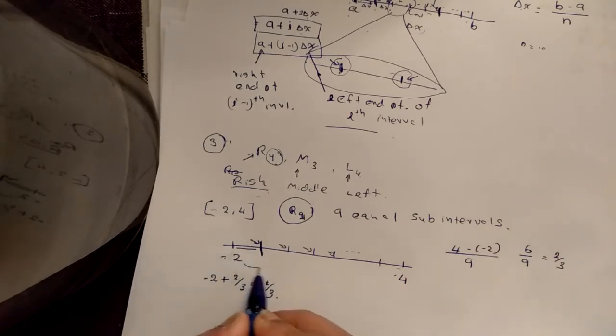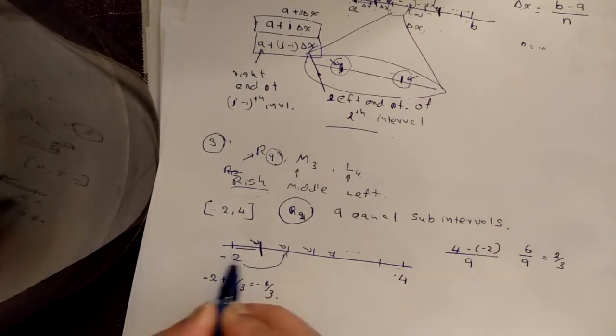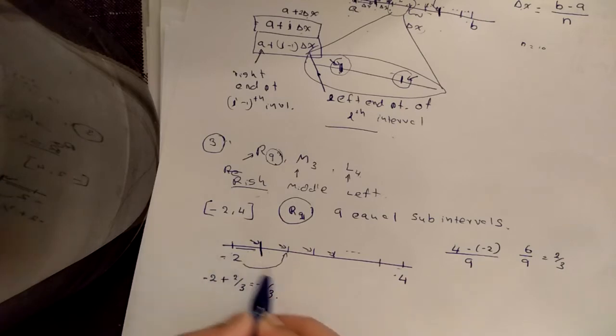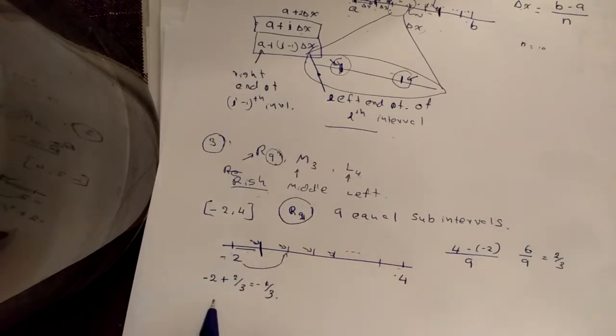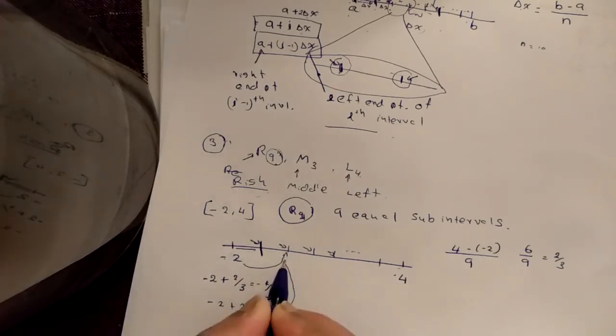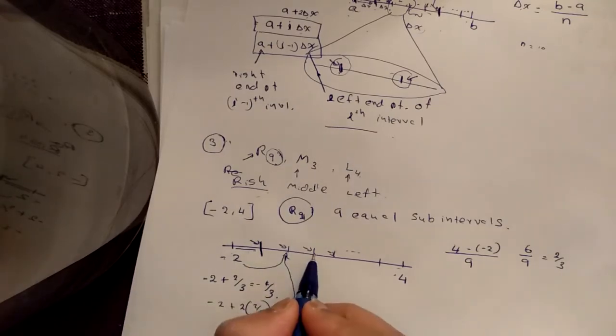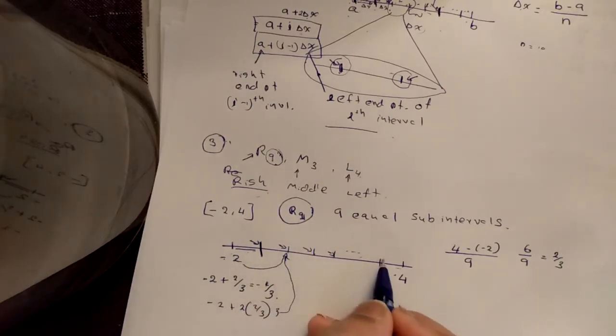And how about the next point? We should add 2 times the subinterval distance: negative 2 plus 2 times 2 over 3 will be the value here. And this one will be 3, 4, 5, 6, 7, 8.